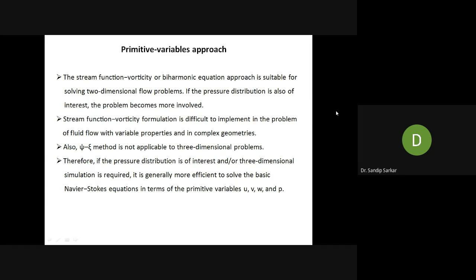Primarily, the primitive variables approach is nothing but the solution of the Navier-Stokes equations, that is the solution of fluid flow problems.